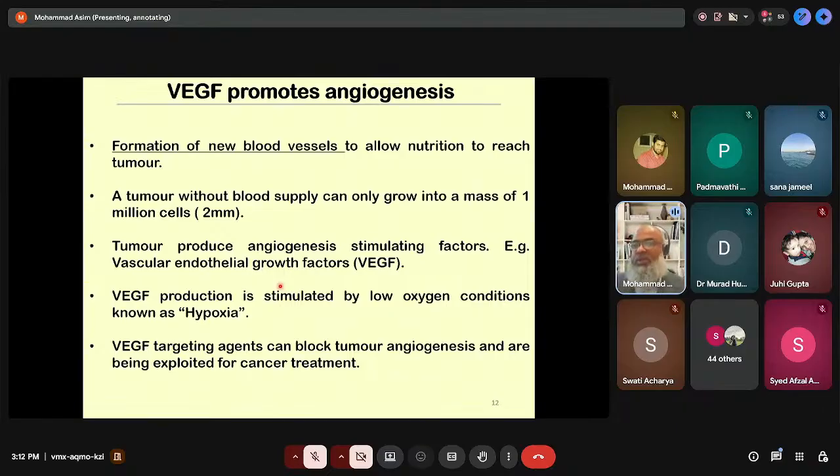So vascular endothelial growth factor is very important in driving synthesis of new blood vessels, a process we know as angiogenesis. So let's see what happens when our body, and I'm not talking about cancer cells, I'm talking about our body, experiences hypoxia.